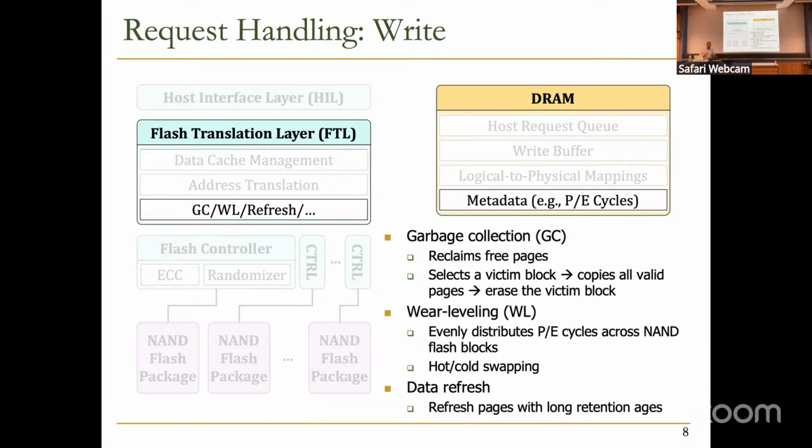Otherwise, you may not be able to read from them reliably. So we don't need to refresh flash chips as frequently as DRAM rows, for example DRAM banks. But you need to do it at some point, maybe once a month or once a week. As you age your device more and more, you need to refresh it more frequently. And that's also another thing.